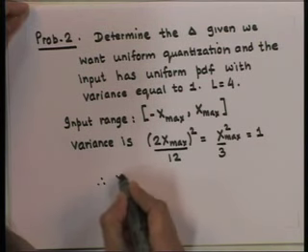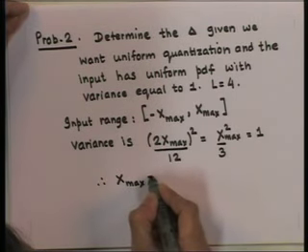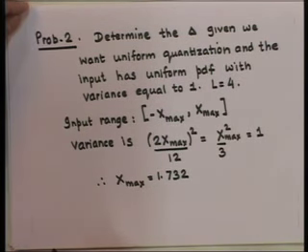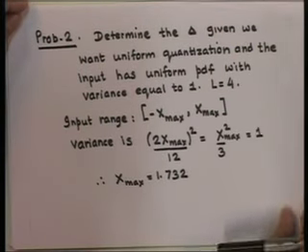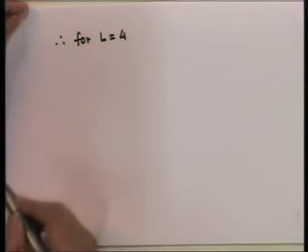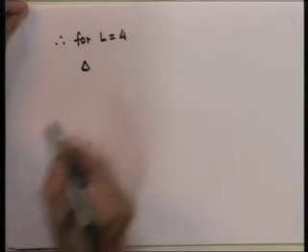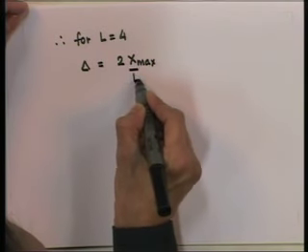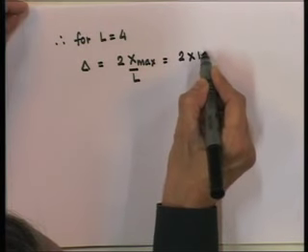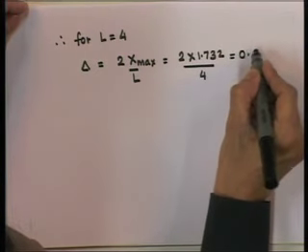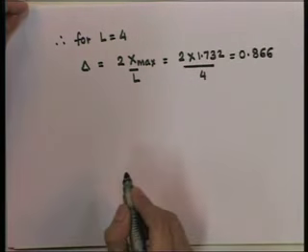Therefore, it implies x max is equal to 1.732. Therefore, for L equal to 4, we get the step size delta equal to twice x max by L, which is equal to 0.866.